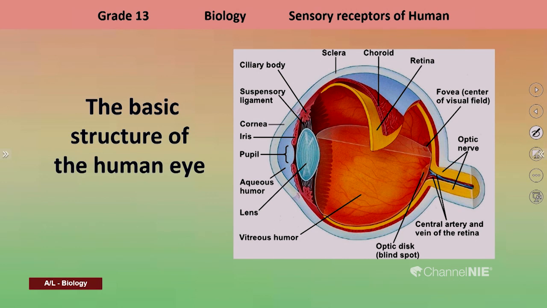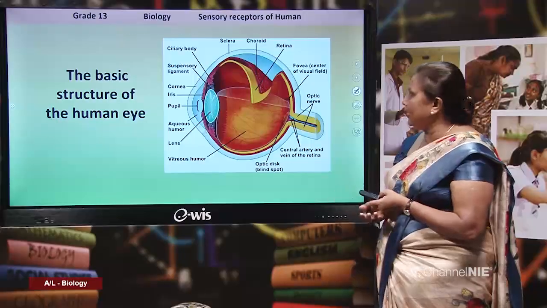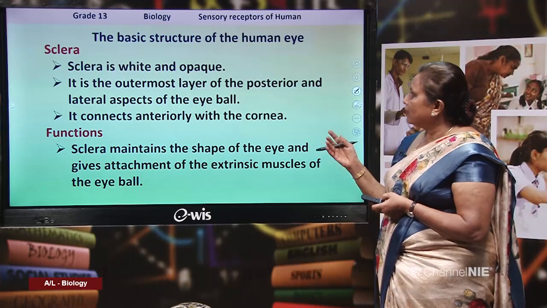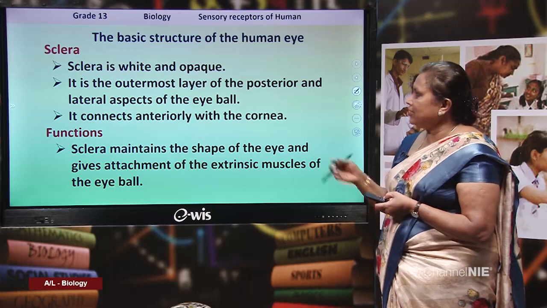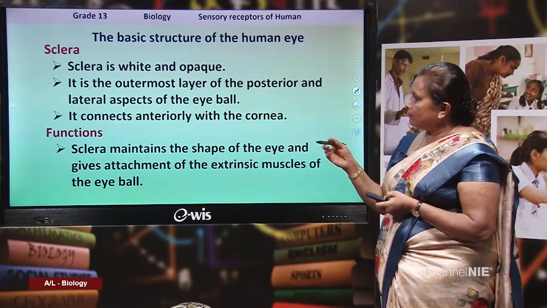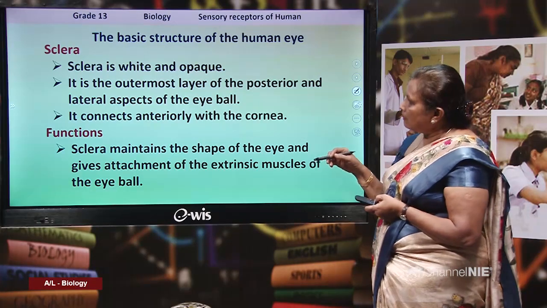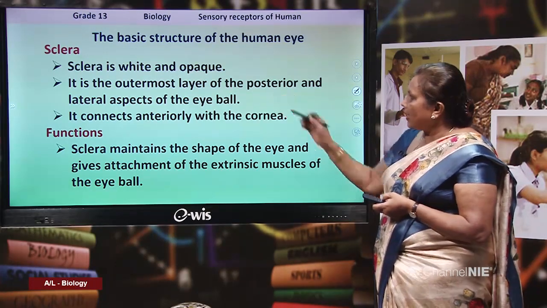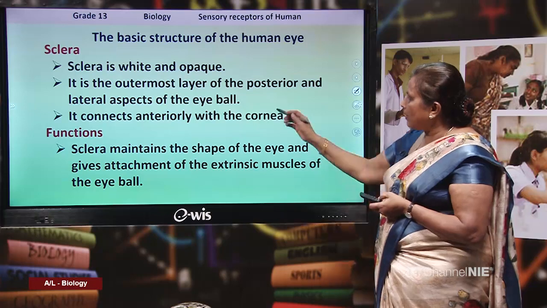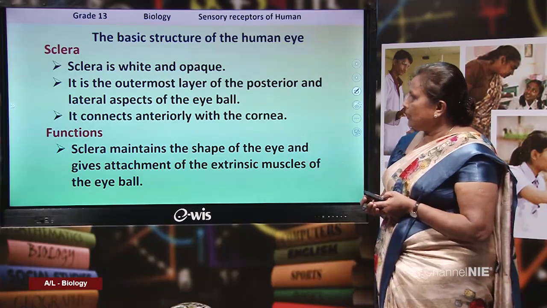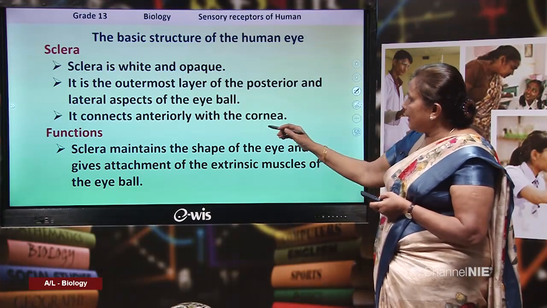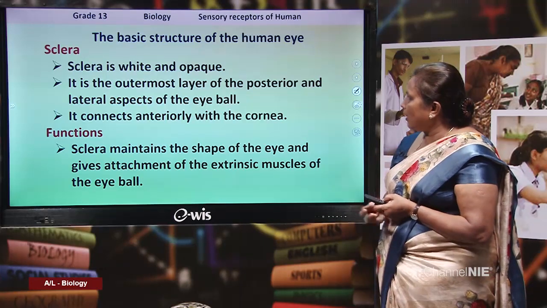So as you see here, there are a number of layers, right? The outermost layer contains the sclera and the cornea. The sclera is a white, opaque structure which connects anteriorly with the cornea.